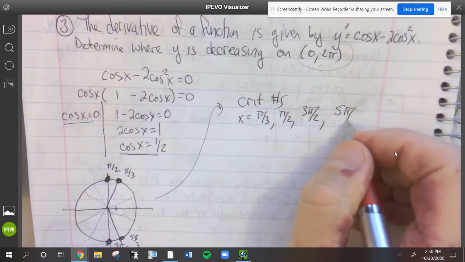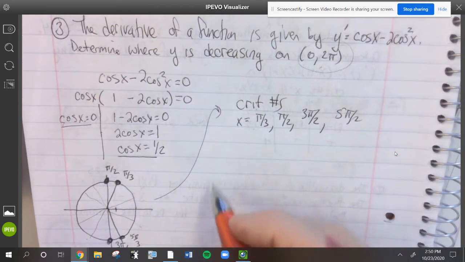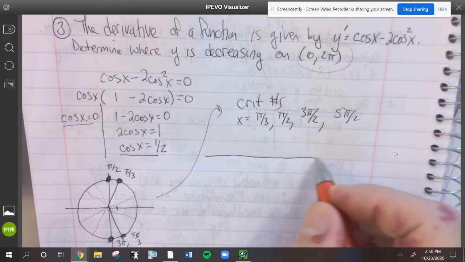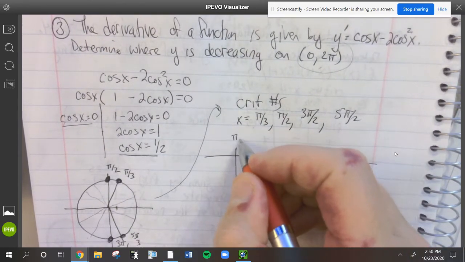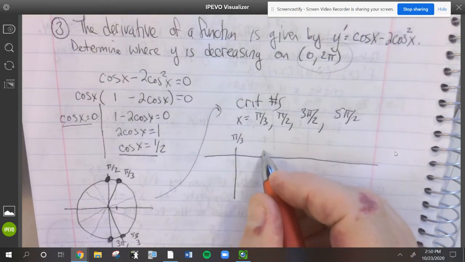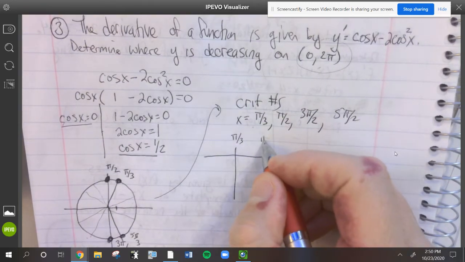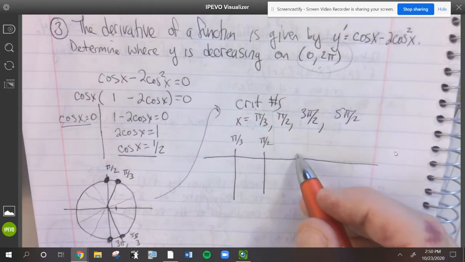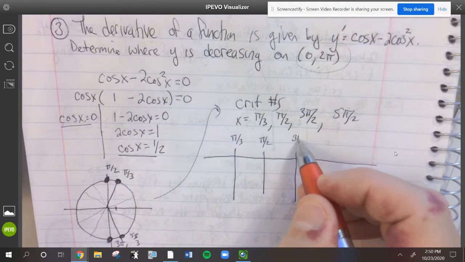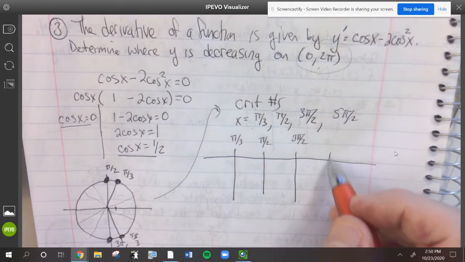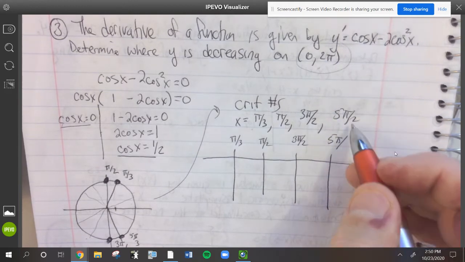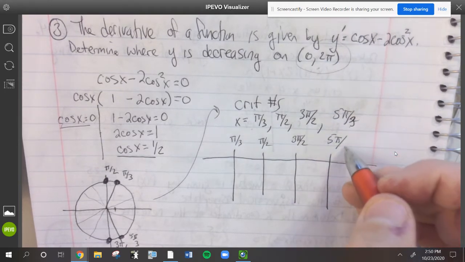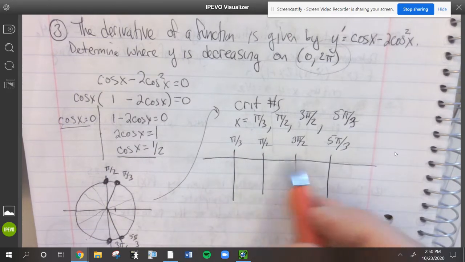So now it comes time to set up my chart. It's going to be a big chart because we have a lot of critical numbers. I'm not going to bother putting my intervals here.